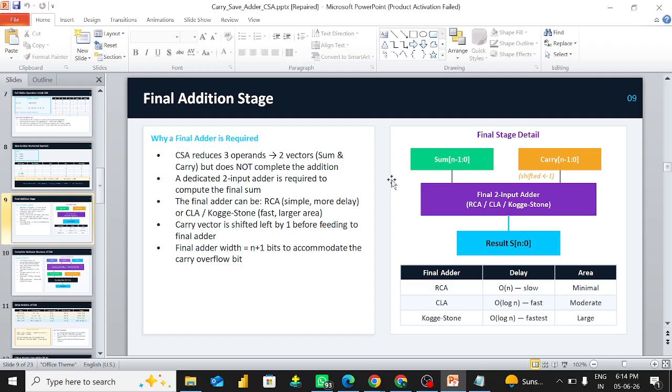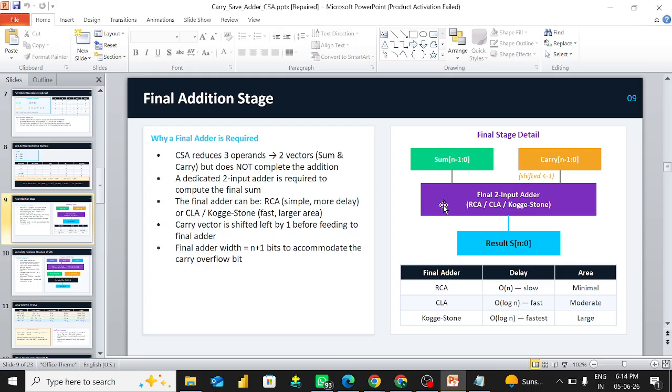So I'm just asking one question: what happens if you use an RCA as the final adder? We can use any adder from these three adders. Okay, so what happens if you use RCA? Obviously the speed is going to decrease.